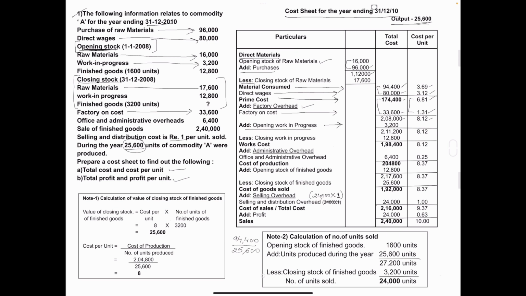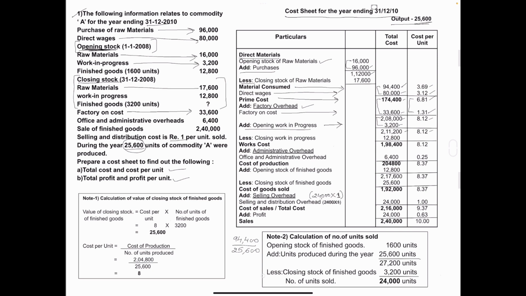We'll just write in the total column and not the per unit column. Add these two amounts: 2,08,000 plus 3,200, and the amount is 2,11,200, and the per unit figure is the same, 8.12.